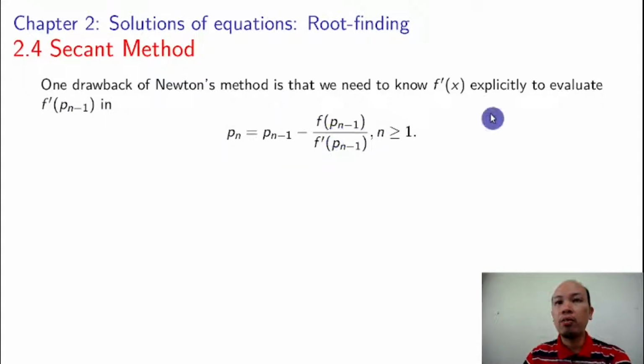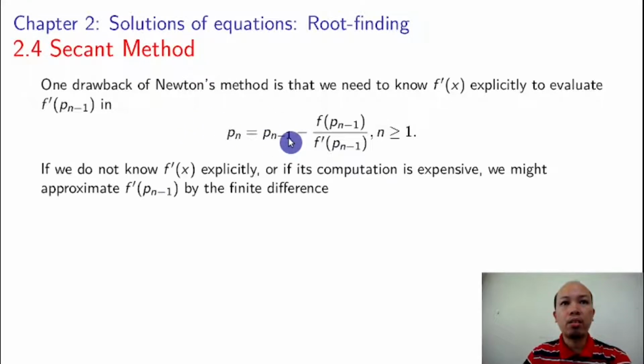If you don't know how to get the first derivative of the function, especially if the function is hard to differentiate, if it is defined implicitly, then it will be hard for you to perform Newton's method. So for this, we will use a second method.